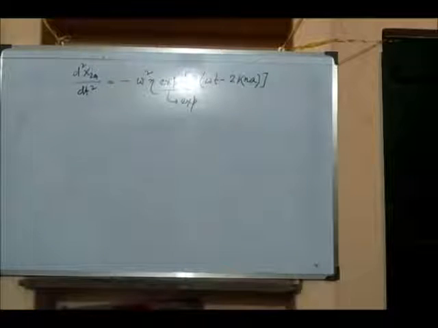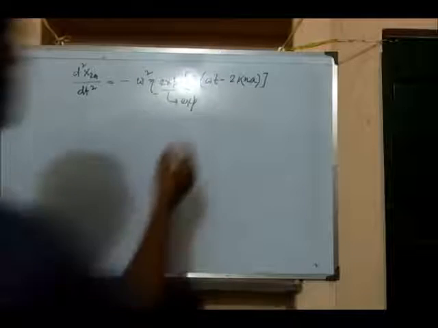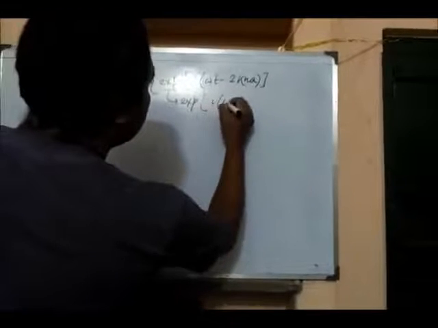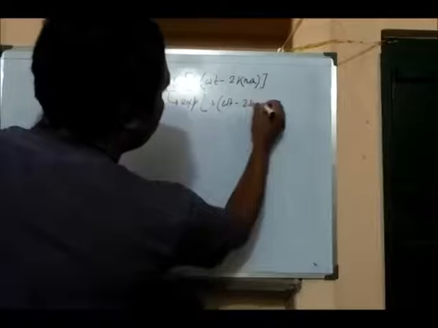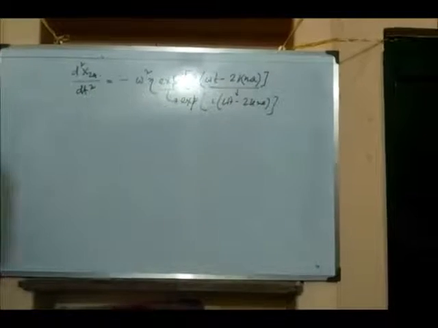This is exponential, and within the bracket this is i(ωt − 2kna).